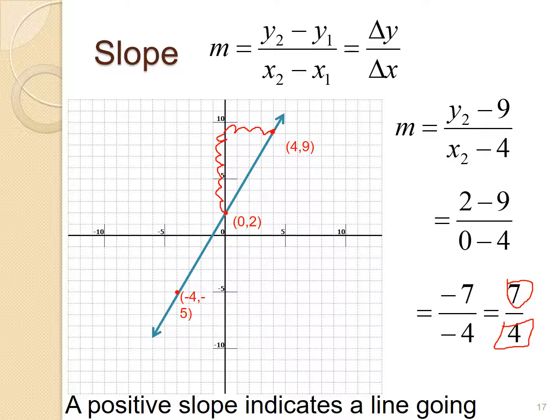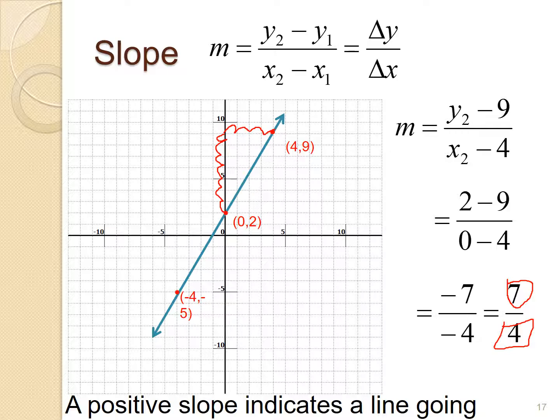So whenever you see this kind of thing, a quick shortcut is simply to find a point, find a second point, and see what the change in y is. It went up 7 here and went across 4. So it becomes 7 over 4. The change in y was 7. The change in x was 4. It works from down here too.